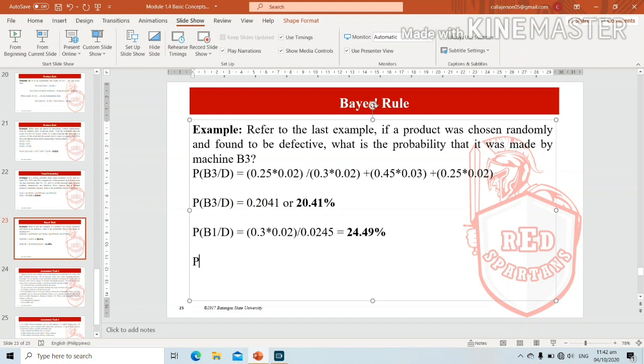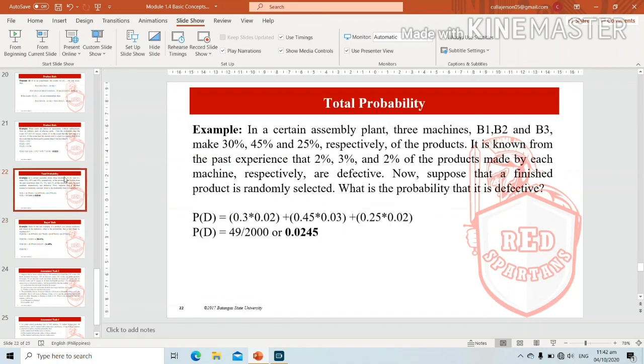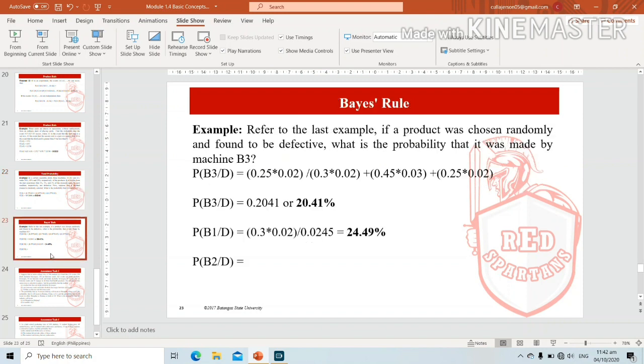Then, kunin natin yung kay machine B sub 2. Ang production ng machine B sub 2 is 45%, then 3% yung kanyang defective.